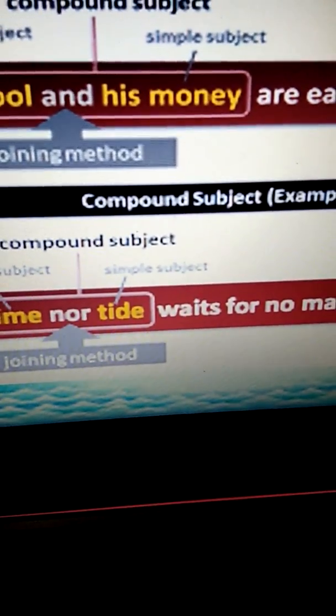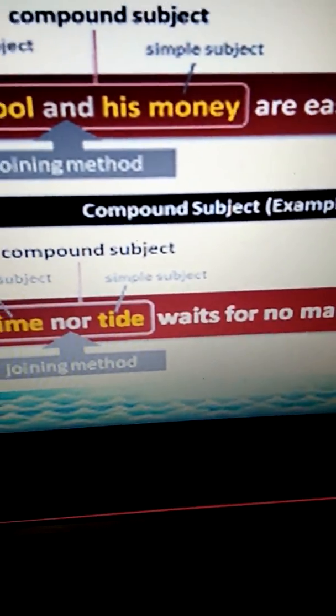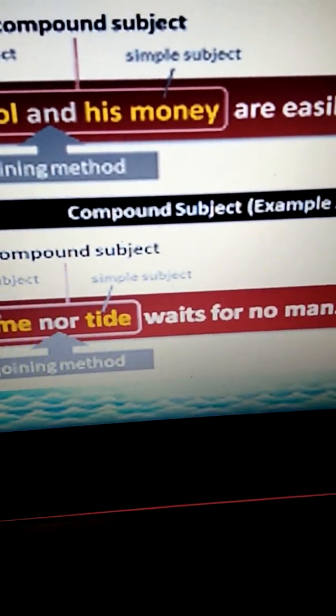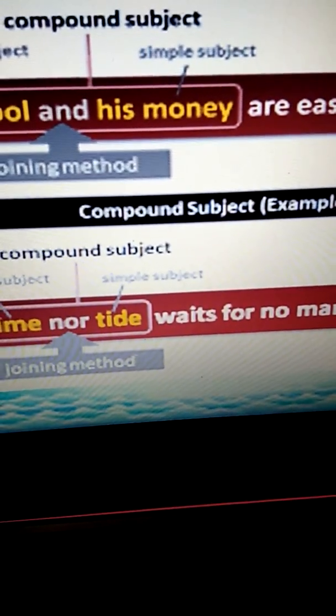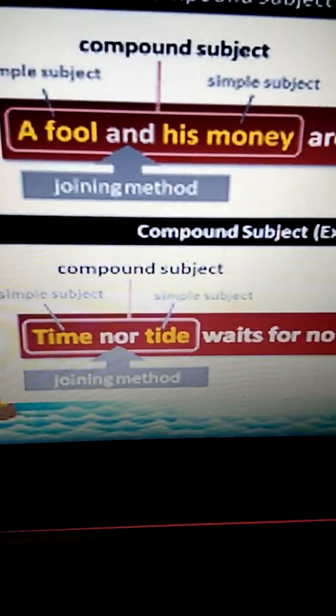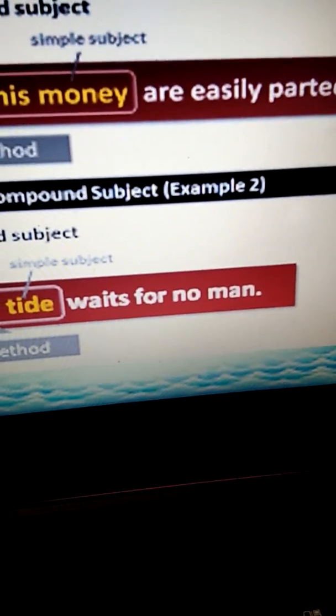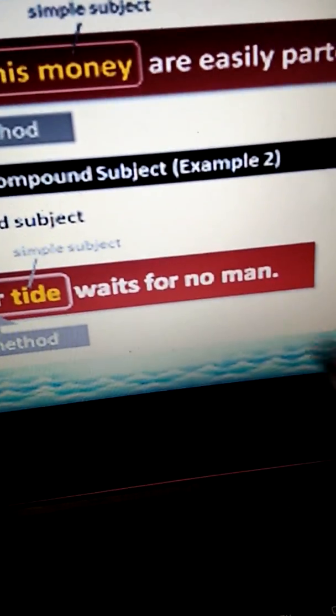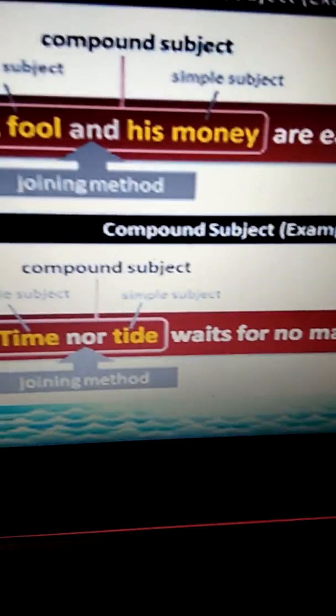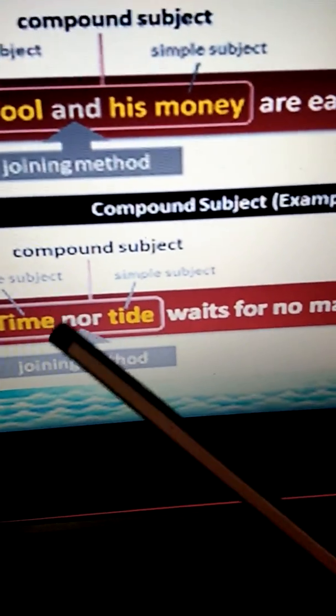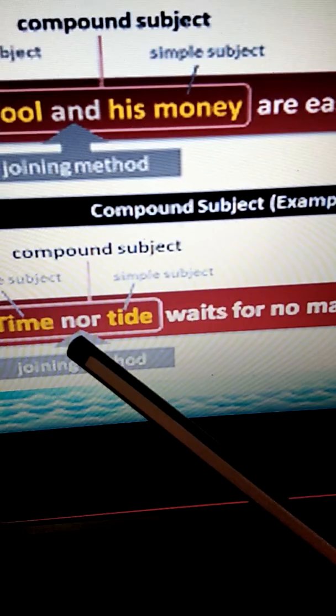In these two sentences, separately, time is a subject, and in the second sentence, tide is a subject. Now let us join both with the word nor. Then it becomes time nor tide waits for no man. So together it becomes a compound subject. Nor is the joining word. Clear?